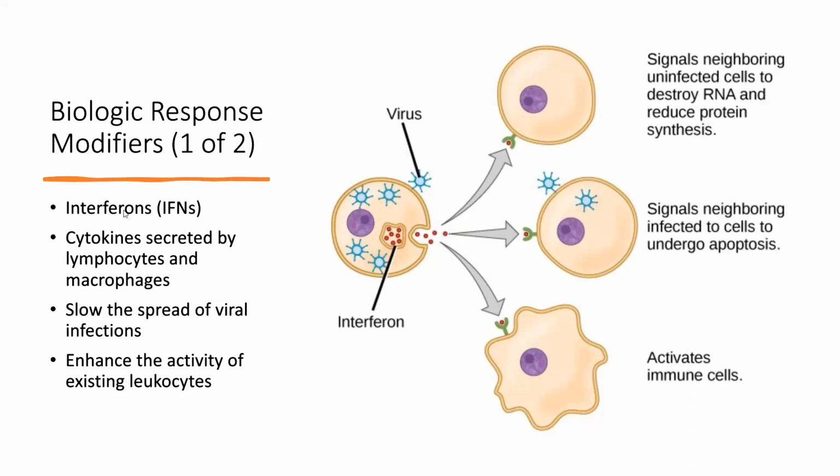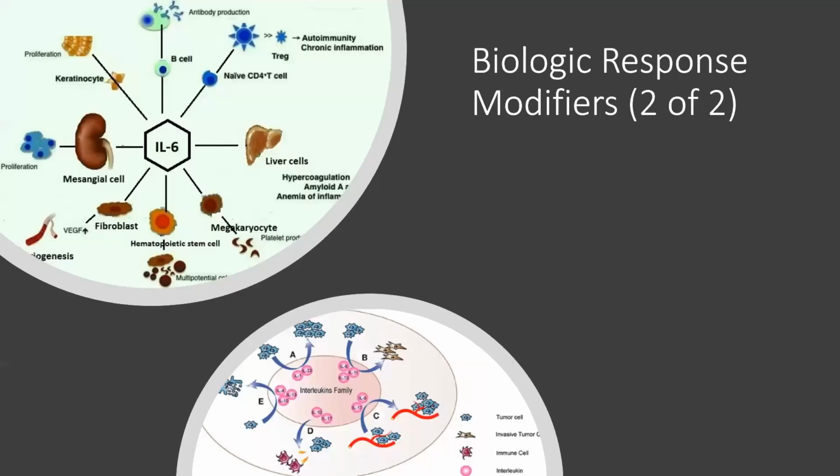Interferons are written as IFNs. These cytokines are secreted by the lymphocytes and the macrophages and slow the spread of the viral infection. They enhance the activity of the existing leukocytes in the body.